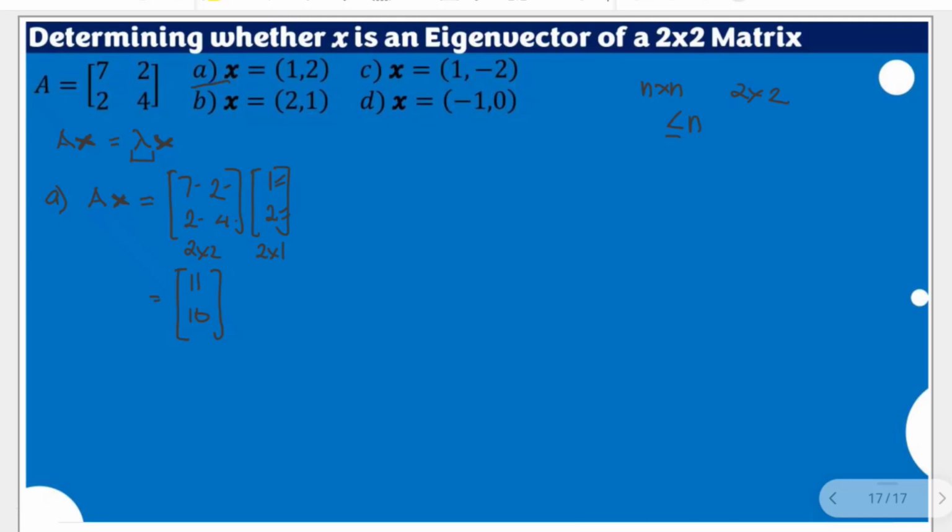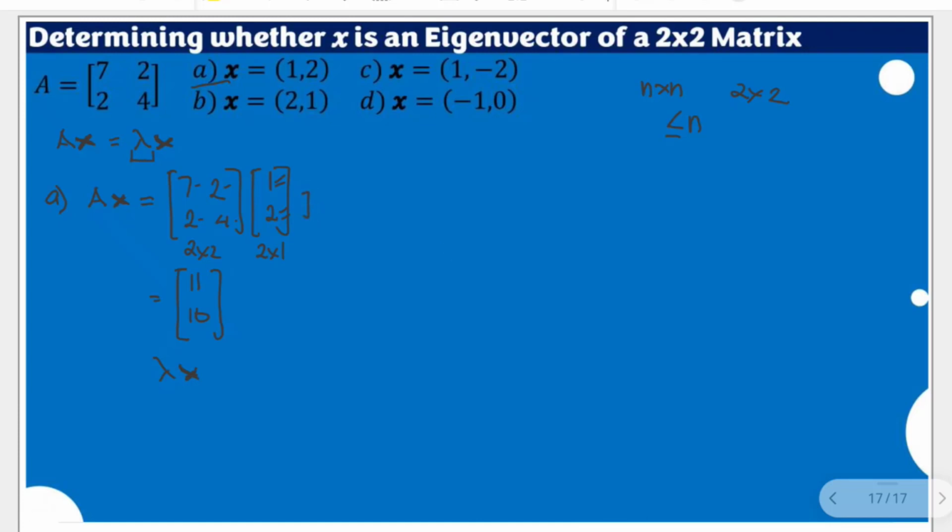Now, if we are going to examine this, we must be able to express a certain lambda together with your vector x here. And if we could express it like this, it would mean that our x vector in A is an eigenvector of matrix A. However, take note that the vector that we have multiplied is 1 and 2.